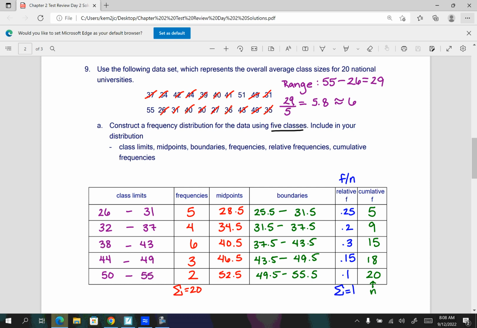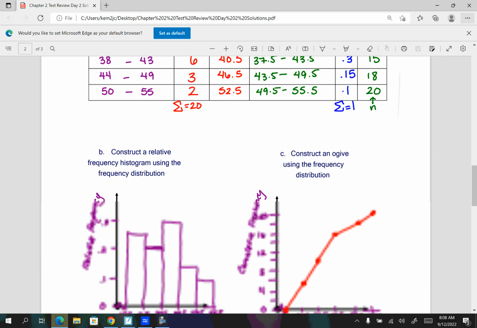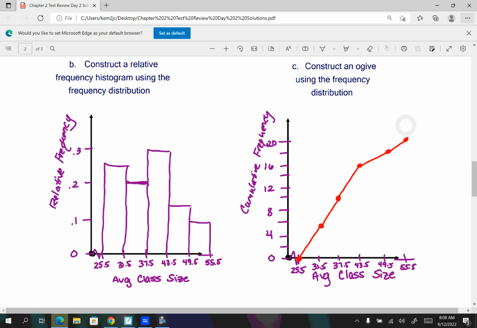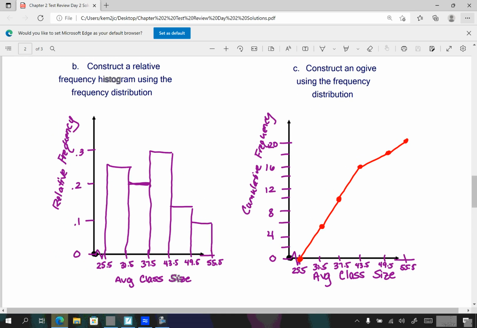Okay, so then at the bottom of this page, I believe you had to make some charts with that. Be very careful with the instructions on these. It's very specific. So this one was a relative frequency histogram, which means you were using percentages here, decimals, not whole numbers, okay? And that's what you label aside, relative frequency.